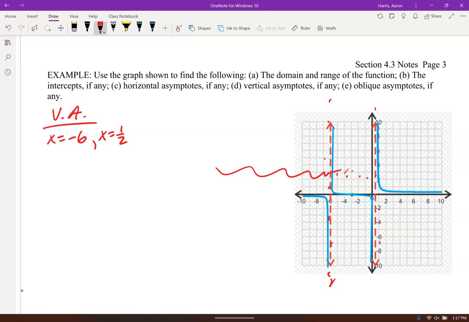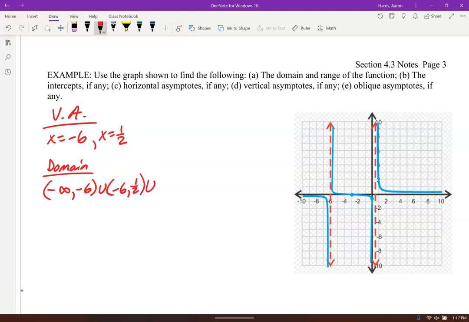And then it'll have another break at 1/2, right? So my domain stems from the vertical asymptotes. It will be defined between them, then it'll take off again after a half.